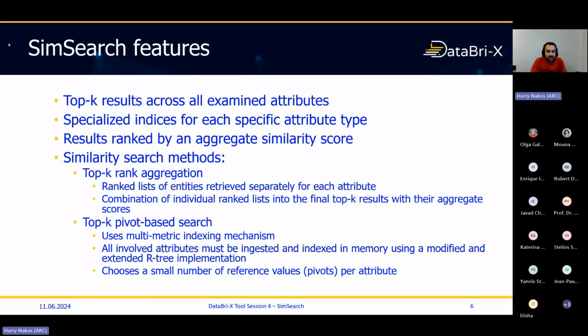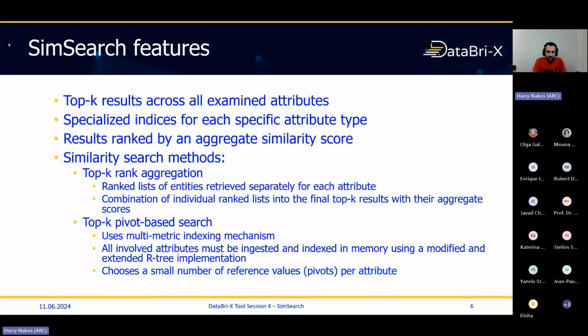And then the results are ranked by an aggregate similarity score that is weighted regarding each attribute separately. The methods used for similarity search are rank aggregation, top-k rank aggregation, which is essentially what we mentioned.